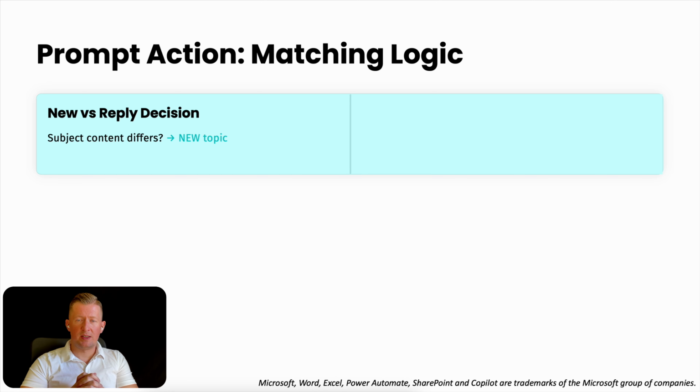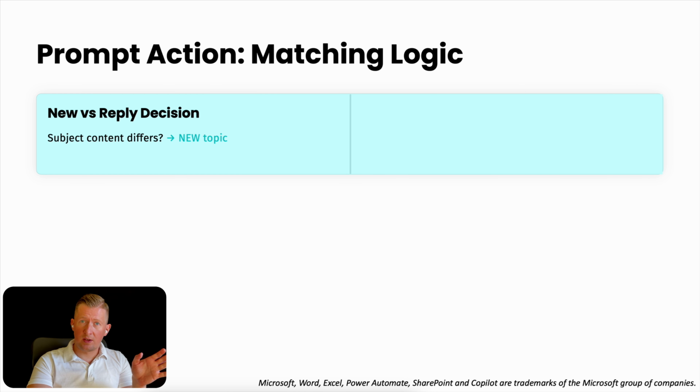As I showed you within this prompt action, it is separated between a new task and an already existing task. One of the key parameters that is defining it is the subject. Whether the content of the subject is different, then it's a new topic.